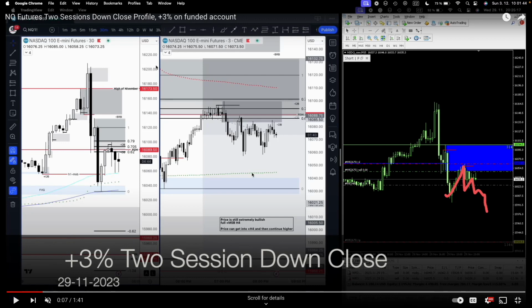At the same time, I just put it here to know that the price is still extremely bullish, because on a higher time frame there was a full market structure break on the H4. So for me, I was still bullish on the higher time frame on H4.